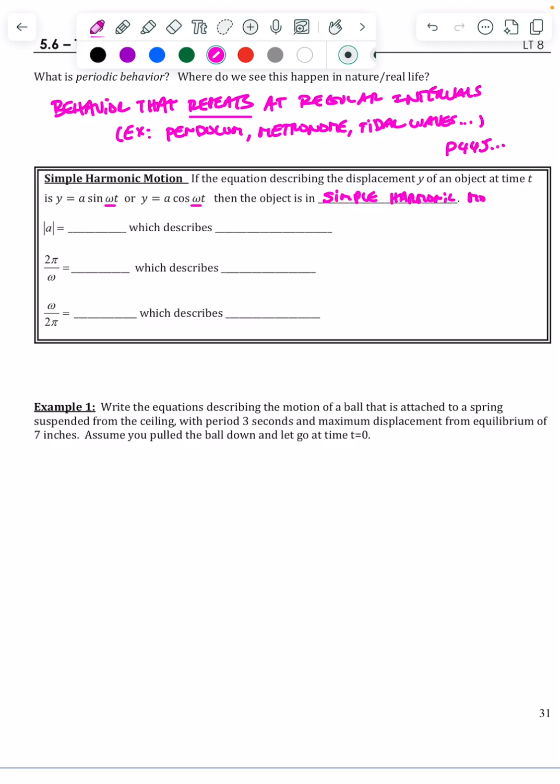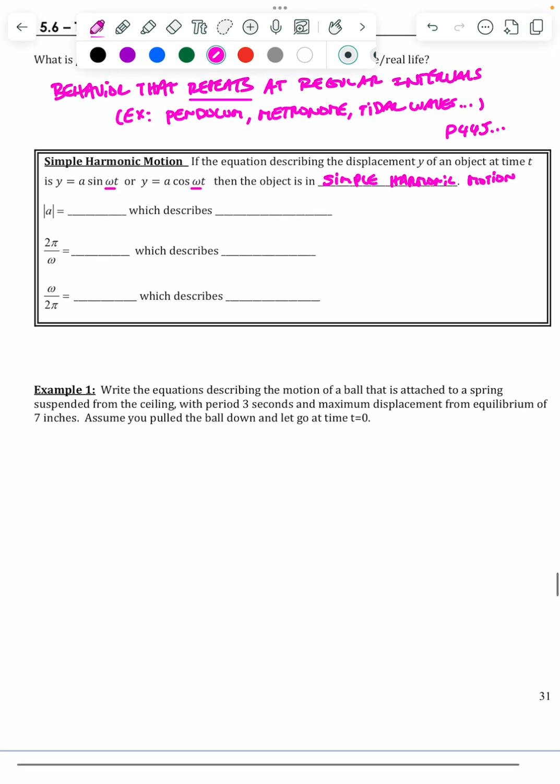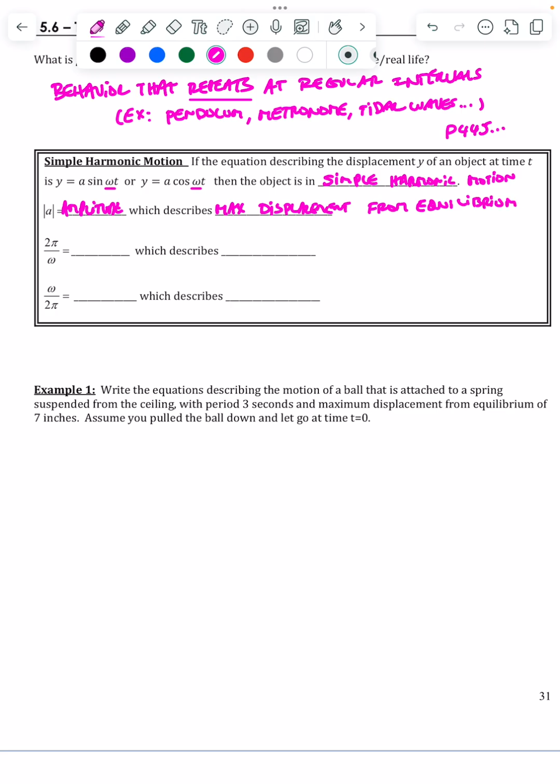Now, we know what A is in absolute value. A is the amplitude, and that describes basically the maximum displacement from equilibrium. Sometimes we say from rest.